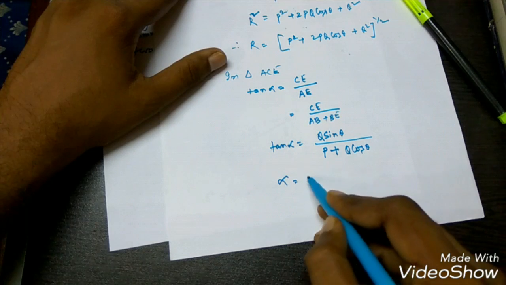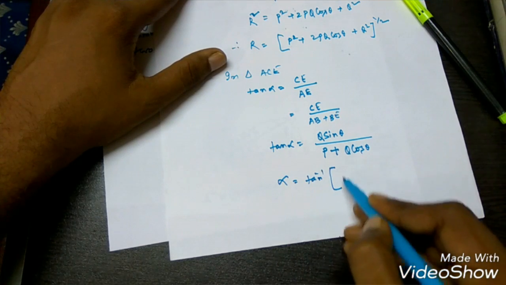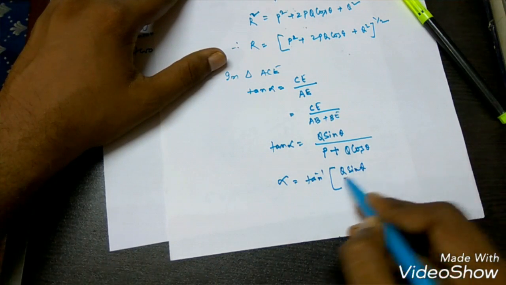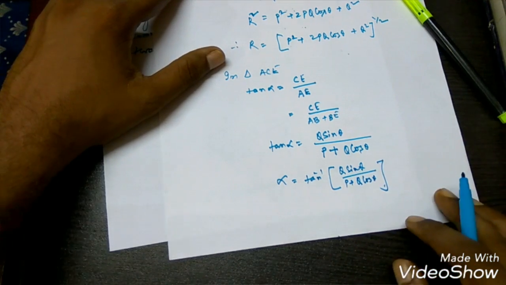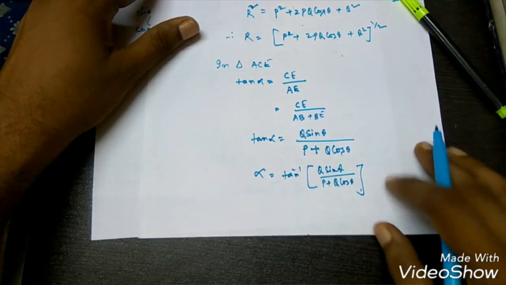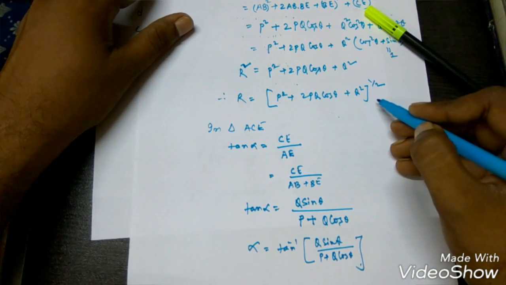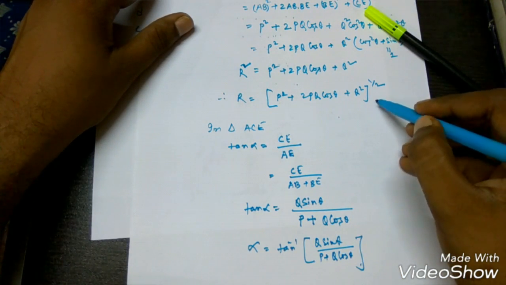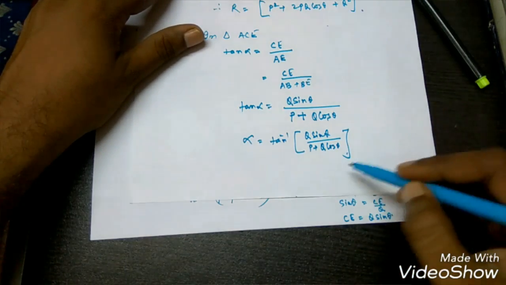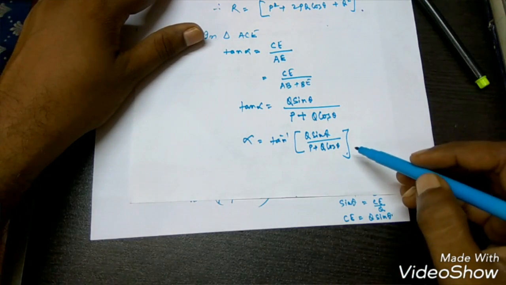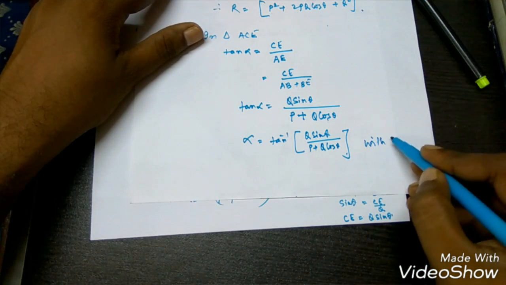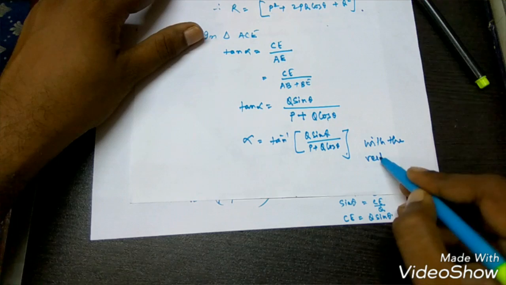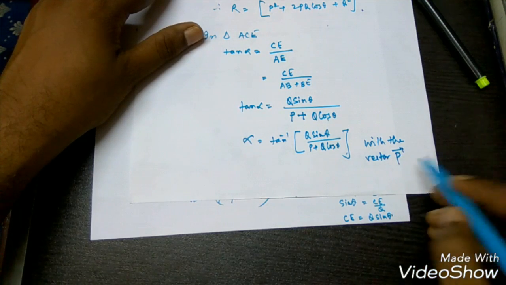So alpha is equal to tan inverse of Q sin theta divided by P plus Q cos theta. Okay. So this is the magnitude of the resultant R, and this is the direction the resultant is making with the vector P.